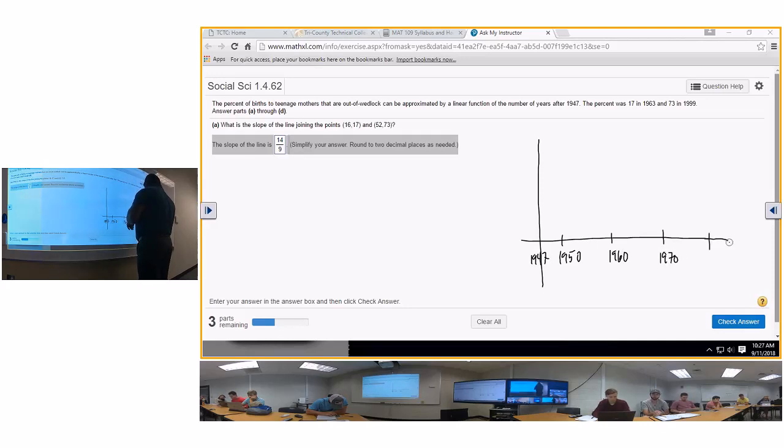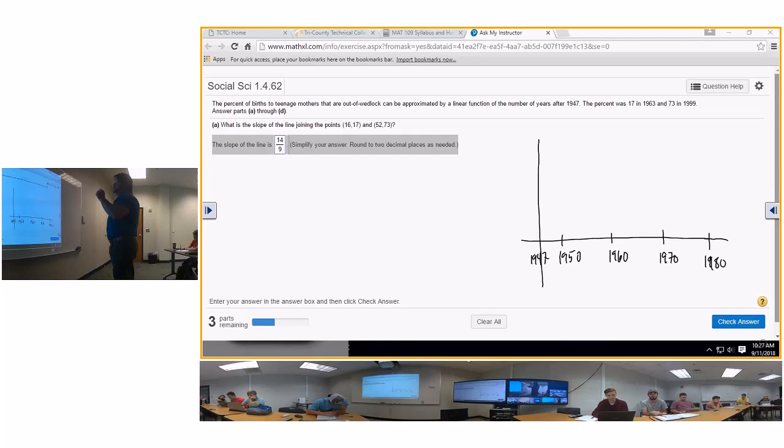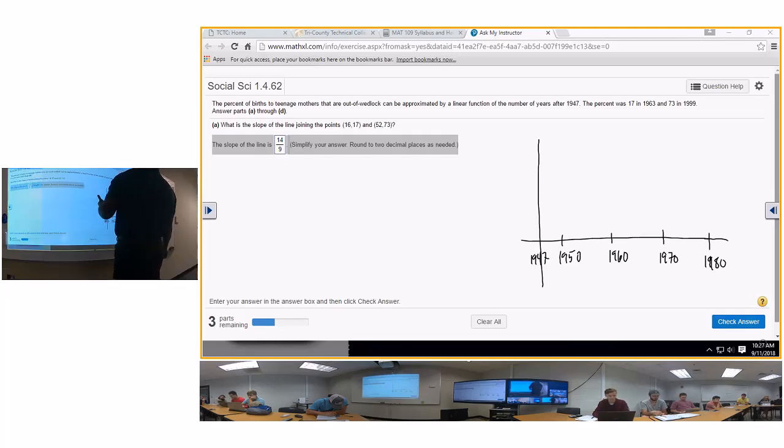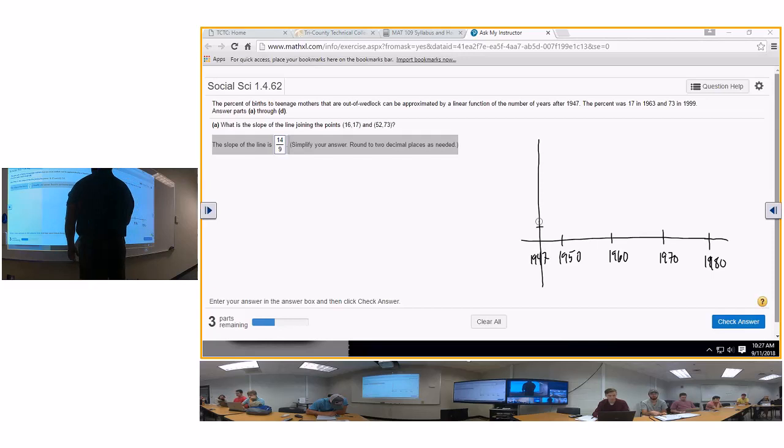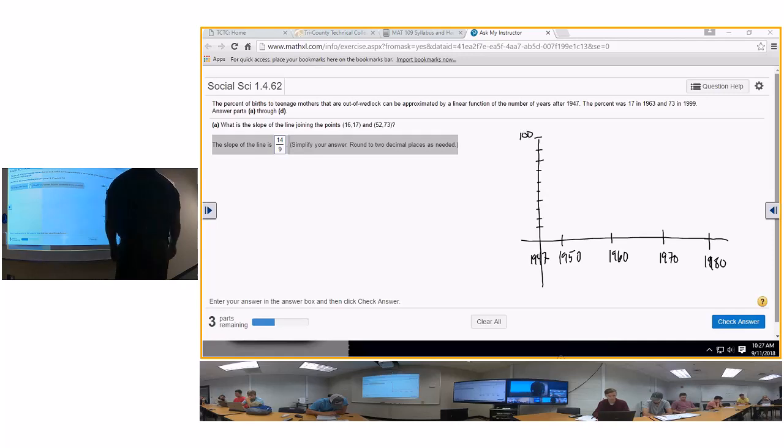I know it doesn't go to 1980, but I'm just putting that on there to give it a little bit of room. And this is quantity. Let's see, how many? 17, so we're going to go 10, 20, 30, 40, 50, 60, 70, 80, 90, 100. Okay? 17 in 63, so 17 to be right here. And then 73 in 1999.